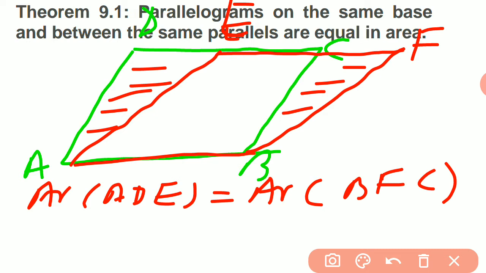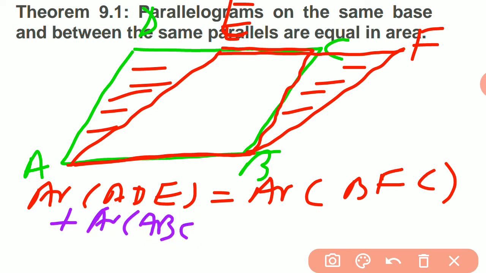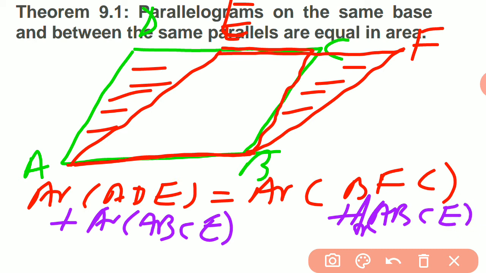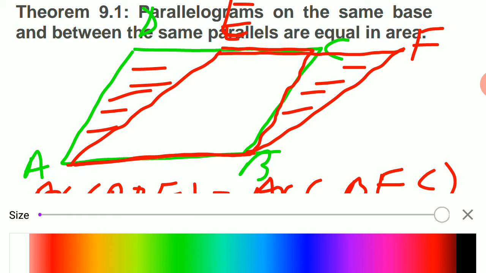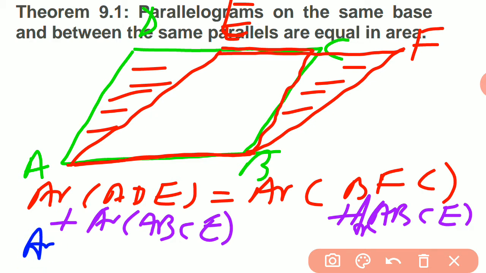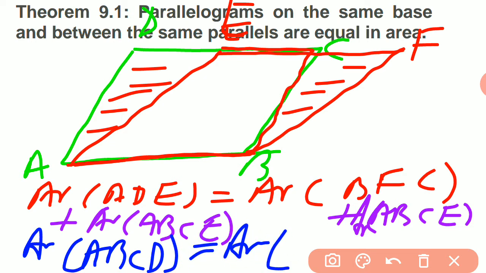And when we add on both sides this part ABCE, on the left-hand side plus area of ABCE, and on this side add area of ABCE, then we will get the area of parallelogram ABCD equal to the area of parallelogram ABFE.